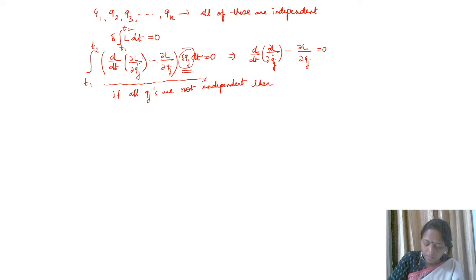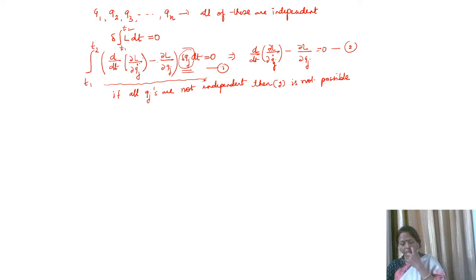Then 1 does not imply 2, so 2 is not possible. In this case, the number of generalized coordinates and the degrees of freedom will be different; the number of generalized coordinates will be more than the degrees of freedom.